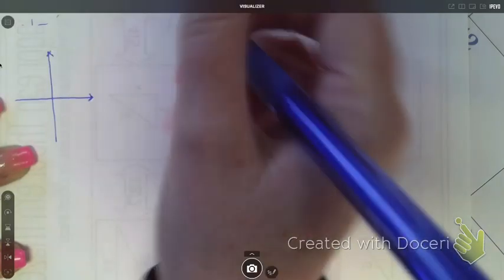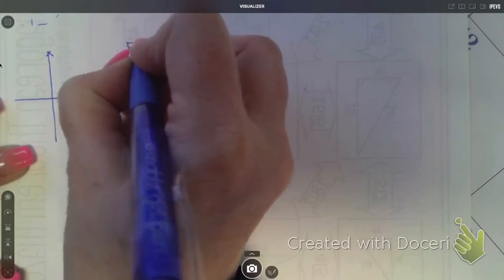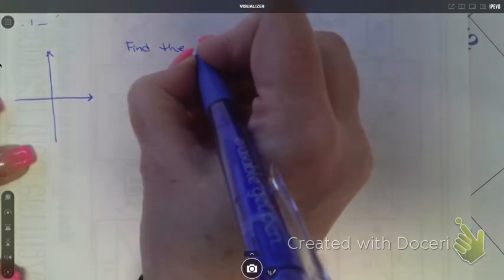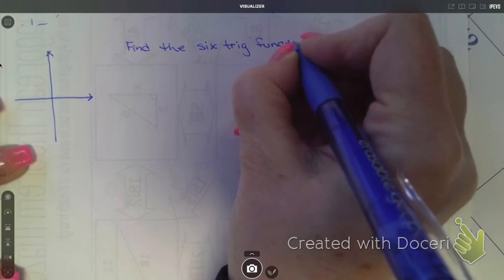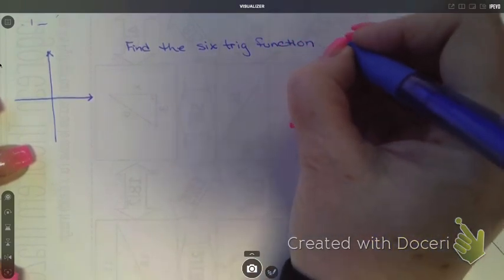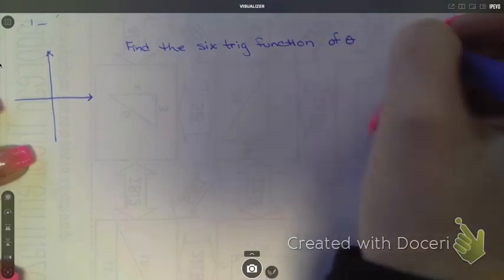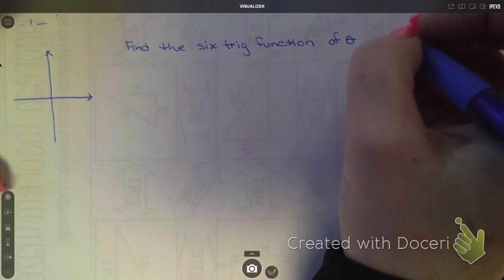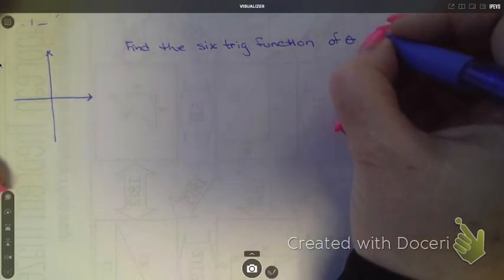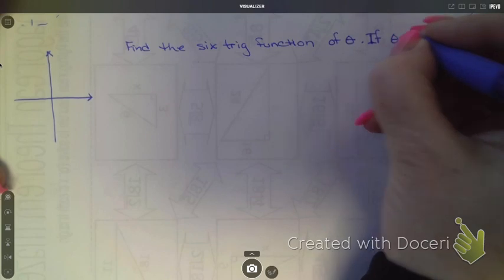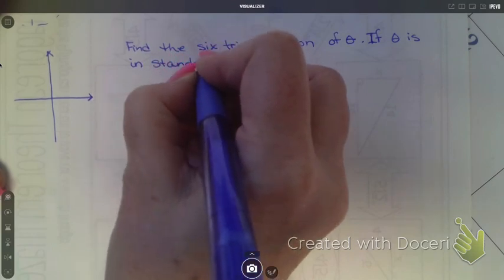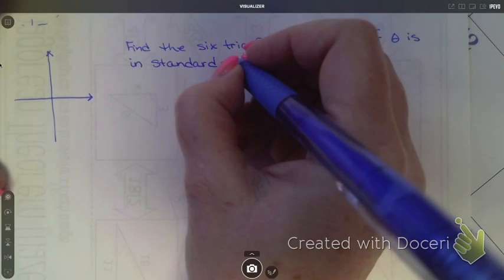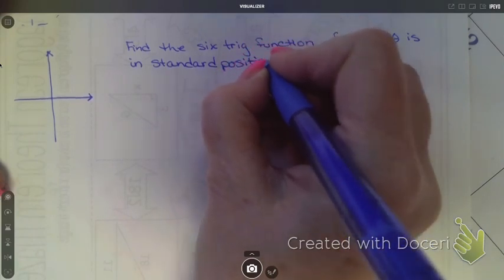If I tell you to find the 6 trig functions of theta, if theta is in standard position, what's that mean? What does it mean to be in standard position?